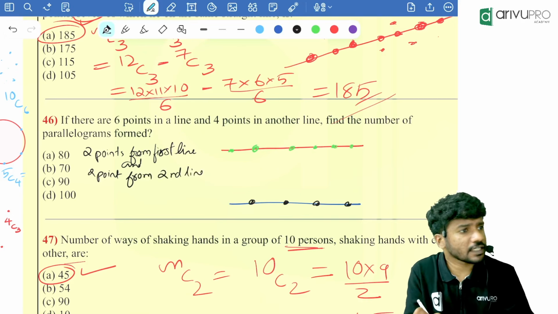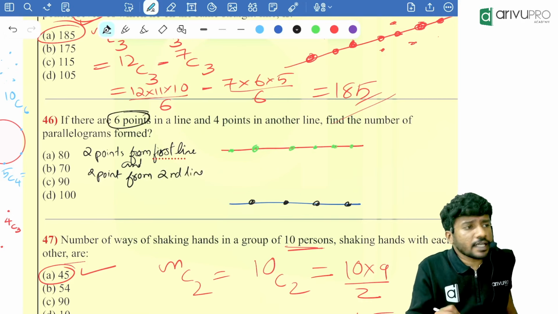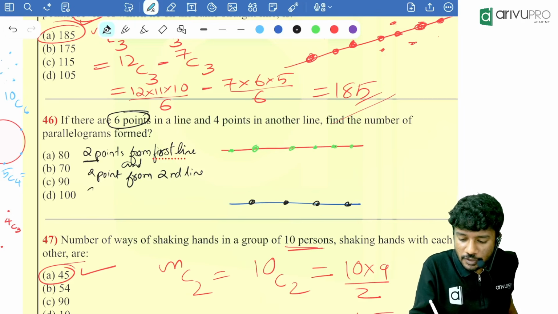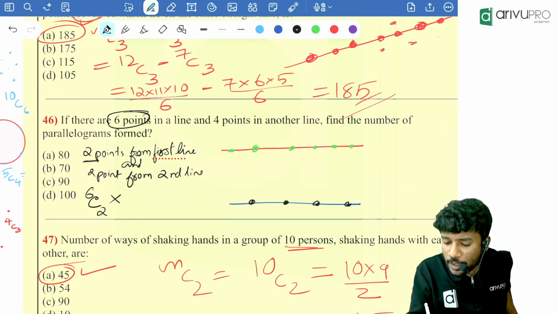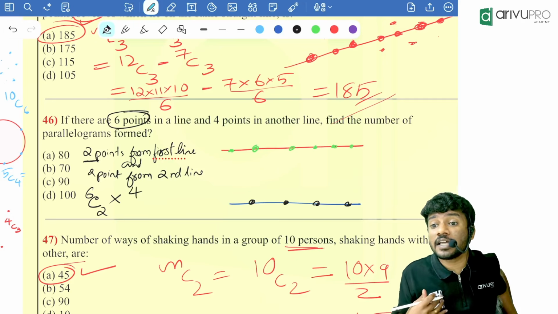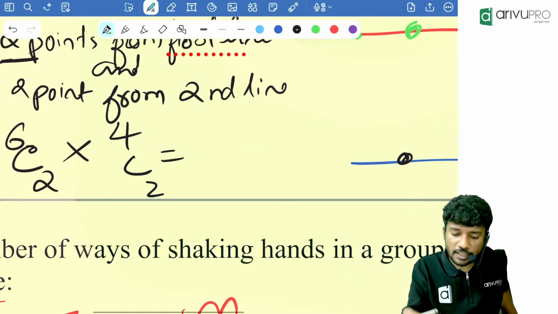Correct? People, how many points are there in the first line? 6 points are there. How many ways can I choose 2 points? 6C2 ways. Correct? And how many points are there in the second line? 4 points. How many points do I require? 2 points. So 6C2 into 4C2 is your answer, people.